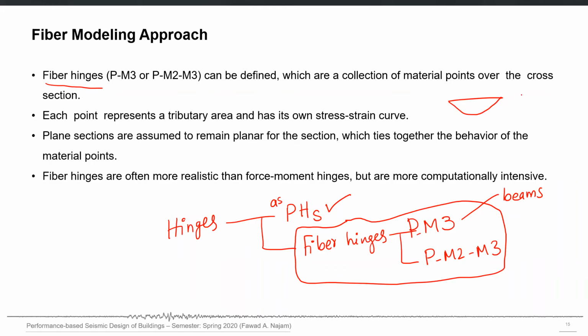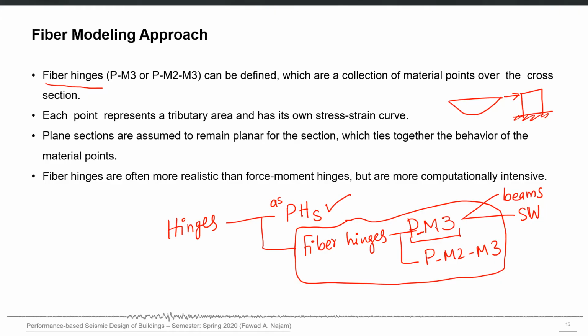Similarly, if this is a shear wall panel, it will only deflect under in-plane action. It will not be designed to resist out of plane actions. So it will bend only in the in-plane direction, so only in one direction. Since beams and shear walls bend only in one direction, the PM3 hinge is used for those elements.